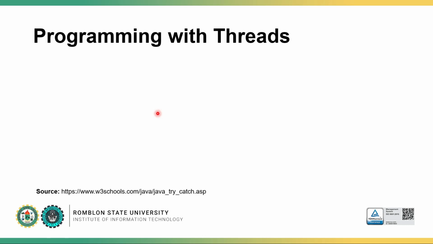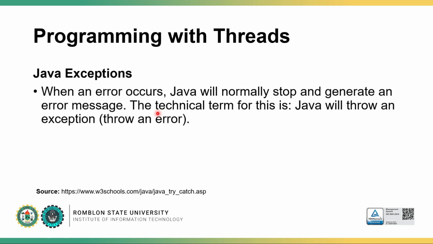In programming, we have what we call Java exceptions, which use try and catch. When an error occurs, Java will normally stop and generate an error message. The technical term for this is that Java will throw an exception, just like we mentioned earlier.